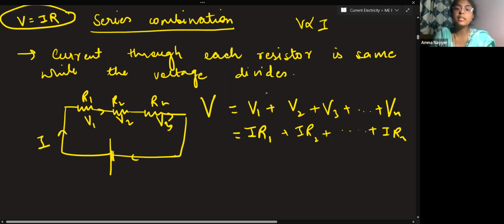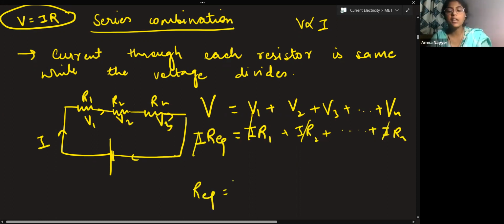And this is equal to what? This is equal to the total current in the circuit into total resistance of the circuit. See, I gets cancelled from everywhere. R equivalent comes out to be what? R equivalent is R1 plus R2 plus up till Rn.